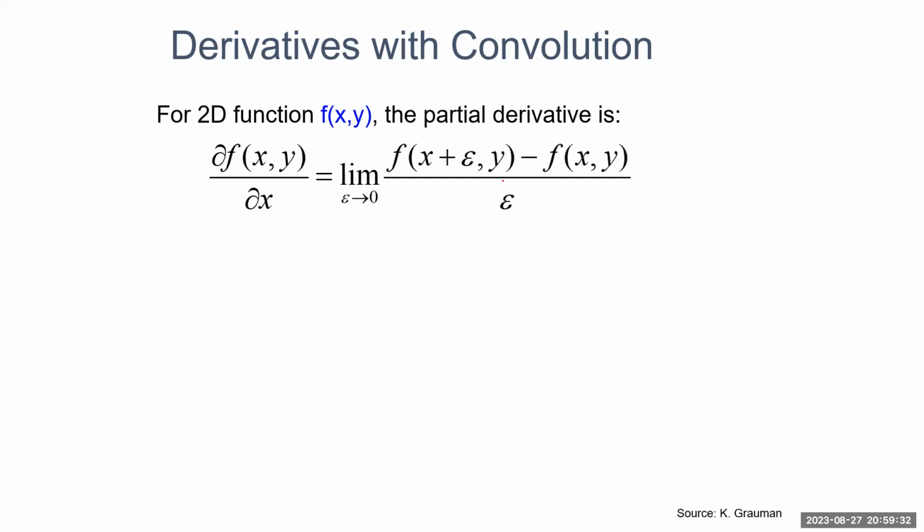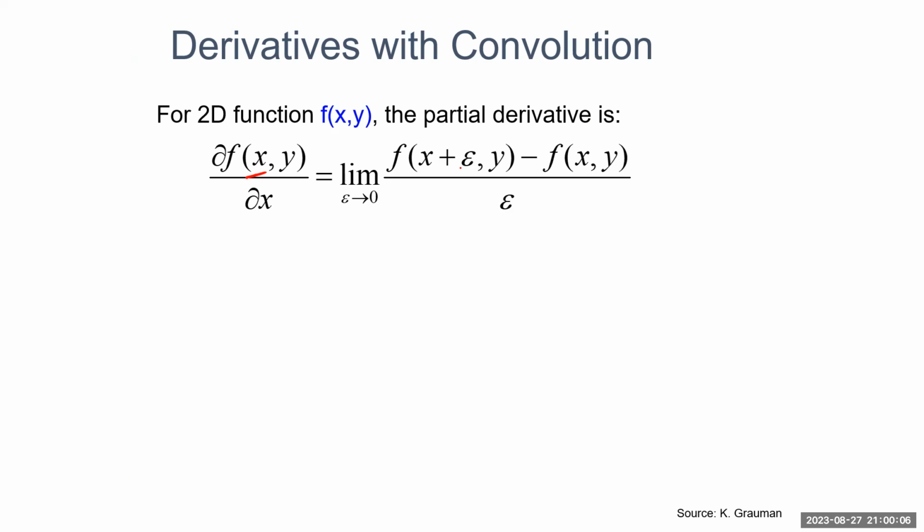So now you can see here we are actually getting the corresponding images. We are getting the derivative with respect to x. We are adding a small increment with respect to x.